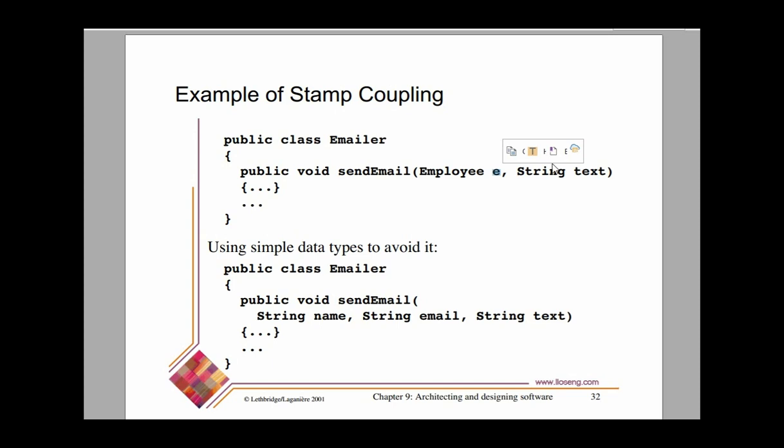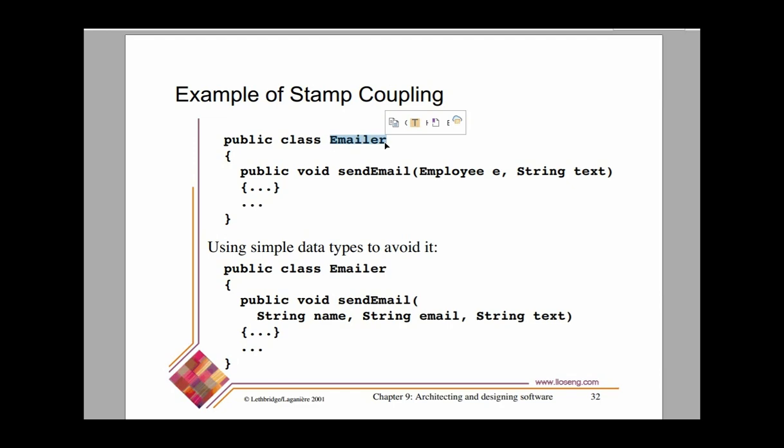Now this method sendEmail in the class Emailer actually wants to access only email and name, maybe. But it will have access to all the variables, so it can disturb the functioning of the class. It can create some sort of side effect.